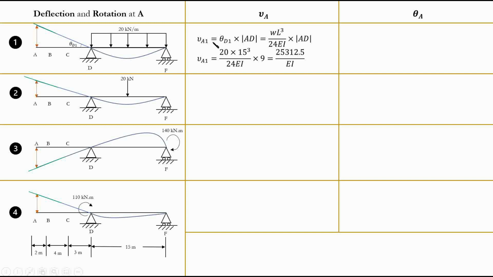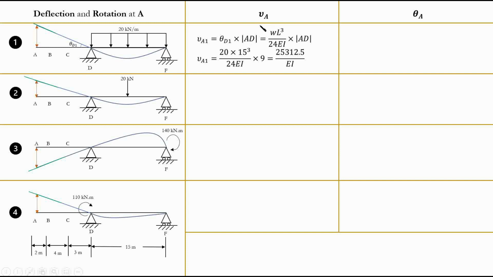So we'll say, forget about tan theta D1, just use theta D1 instead. However, if you use tan theta D1, it's pretty much the same thing, but why use that? We already assumed it in our derivation for the theory. So we'll just say theta D1 multiplied by AD, which is the length, and we'll end up with this value.